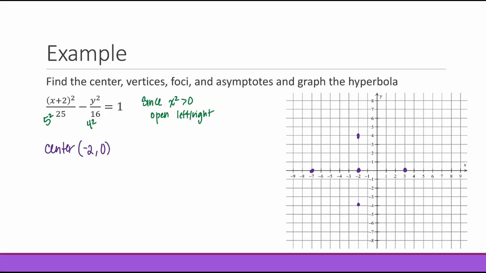But this time, instead of connecting those with an elliptical shape, those are going to become the midpoints of the sides of a rectangle. If you look back to the standard equations and the pictures that are shown, you'll see this dotted line rectangle on the graph.